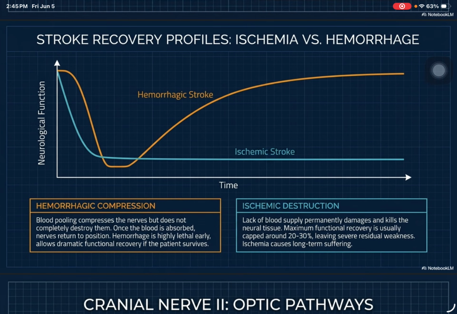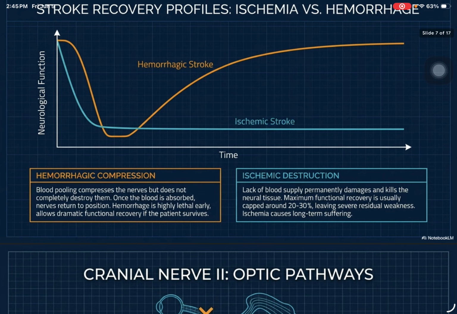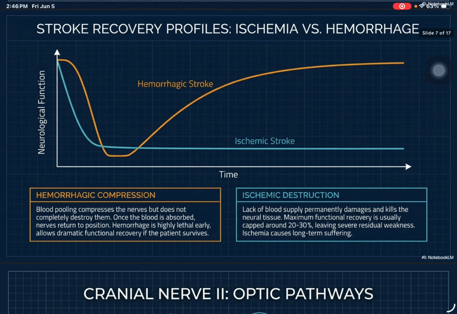But in ischemic stroke, lack of blood supply permanently damages the neural tissue, and maximum functional recovery is usually only 20 to 30%, leaving severe residual weakness and causing long-term suffering.